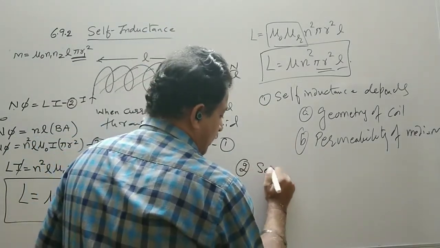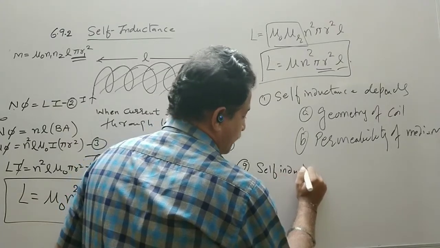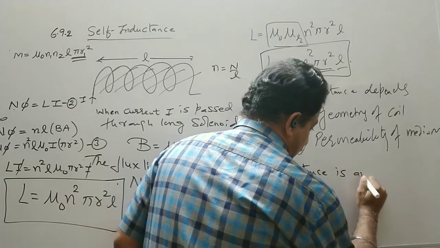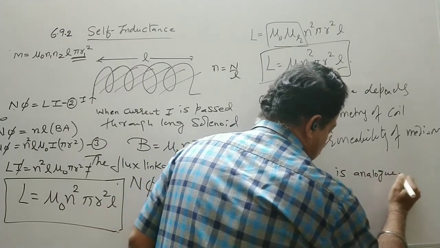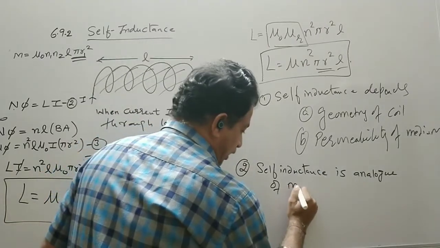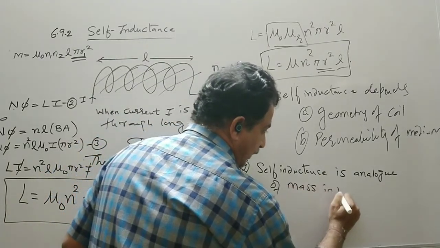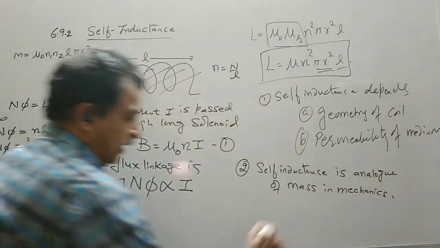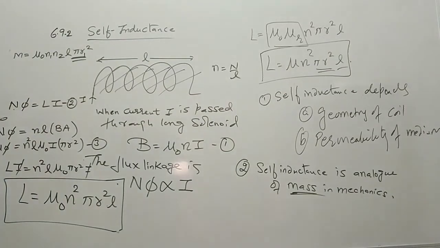The second is, self-inductance is the analog of mass in mechanics. Whatever role is played by mass in mechanics, the same role is played by self-inductance. So self-inductance plays the role of inertia.